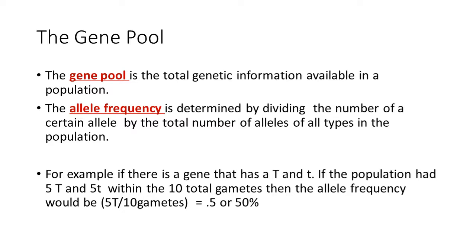Count T capital over all number of alleles, T capital and T small. Allele frequency is determined by dividing the number of a certain allele by the total number of alleles of all types in the population.